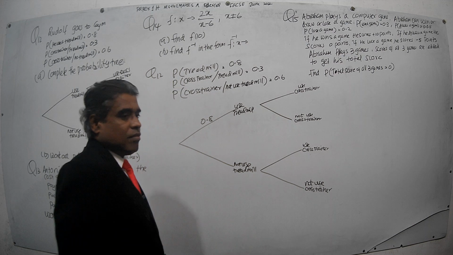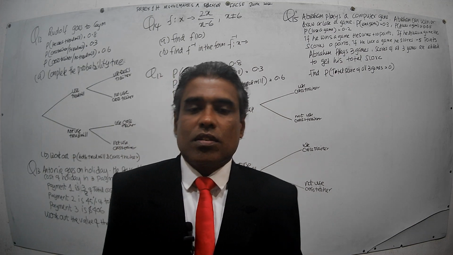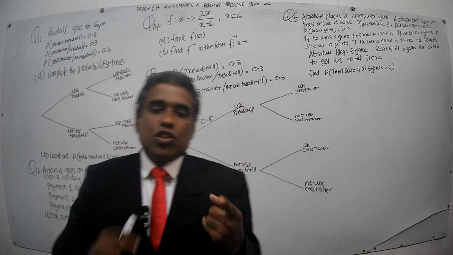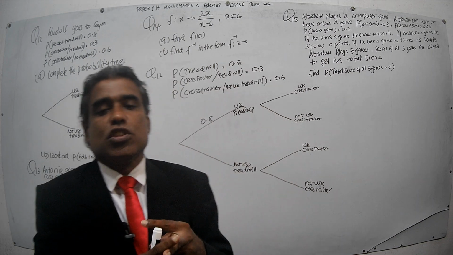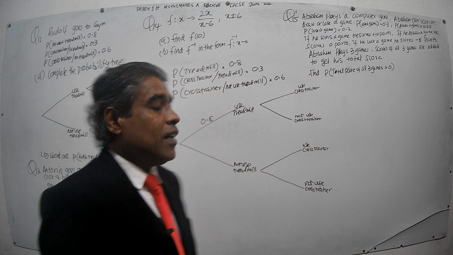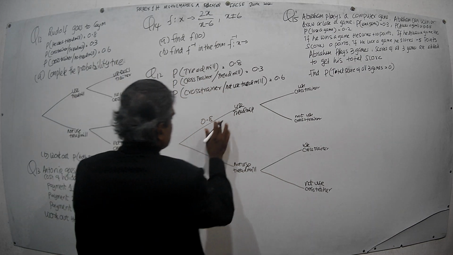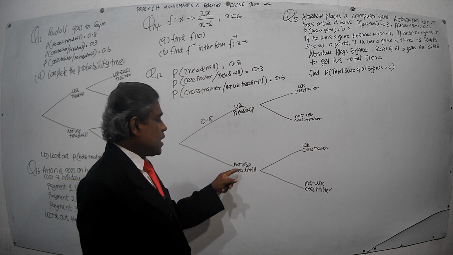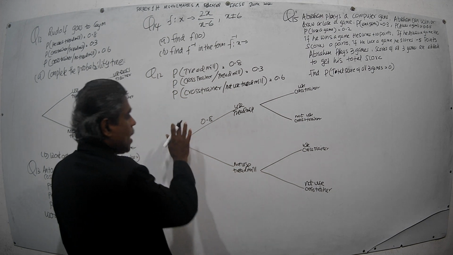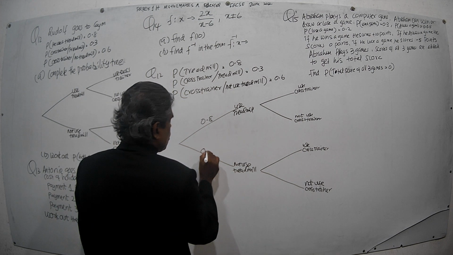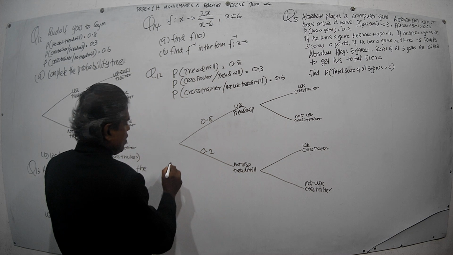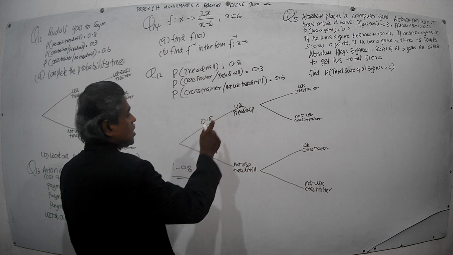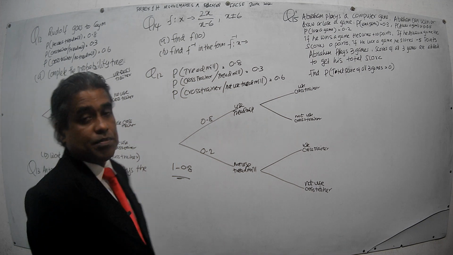As far as the treadmill is concerned, there can be only two events: use the treadmill or do not use the treadmill. So the sum of these two probabilities must be 1. Therefore, the probability that he does not use the treadmill is 1 minus 0.8, which is 0.2. This is obtained as 1 minus 0.8 because the sum of these probabilities is 1. Okay. Right.